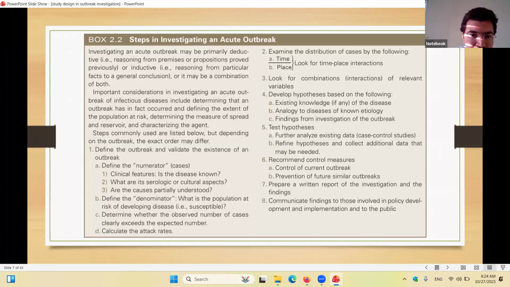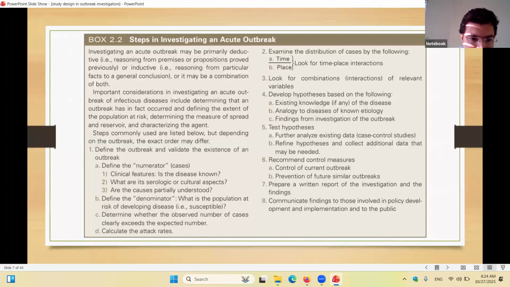When we say epidemic, it is the time that the observed cases exceed the expected numbers. When the observed cases exceed the expected numbers, here we have an epidemic or outbreak.